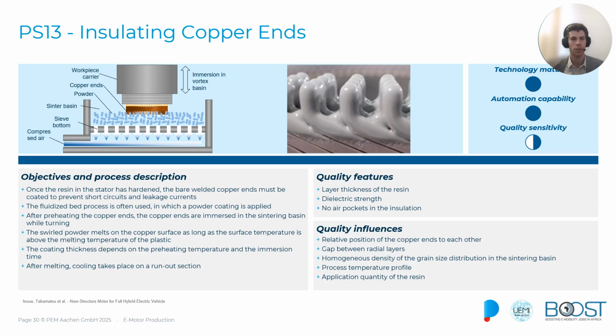The last process step we have a look at in detail is step number 13, insulating the welded and bar copper ends. The technique we see on this slide is named potting. The resin is poured over the ends and allowed to cure, creating an insulating barrier that protects against electrical shorts and environmental damage.